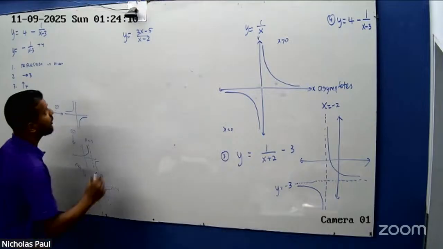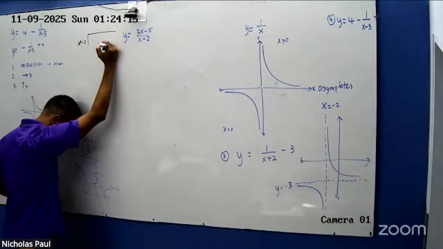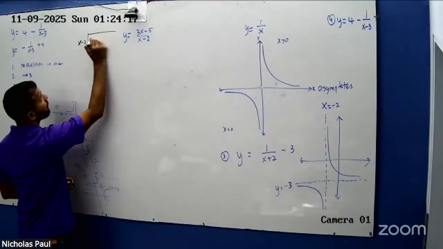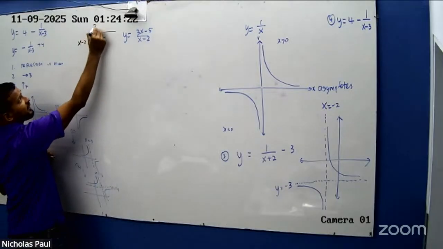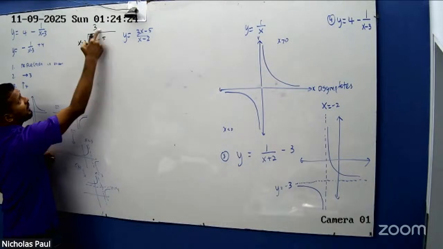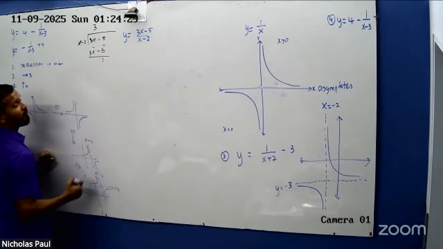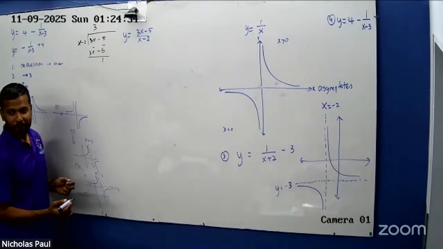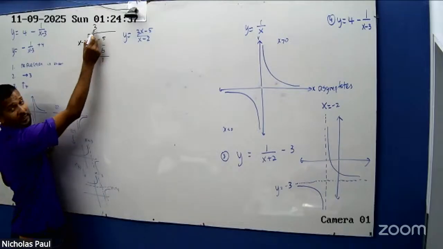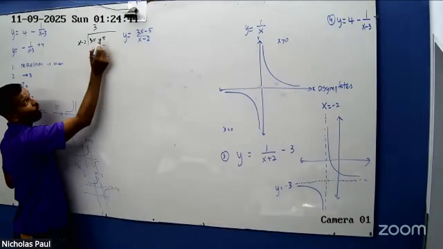Right, how to long divide? x into 3x is 3, 3 times x minus 2. This is 0, this is 1.